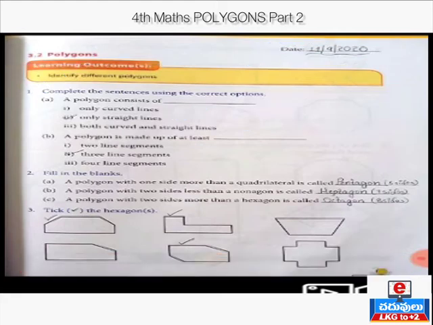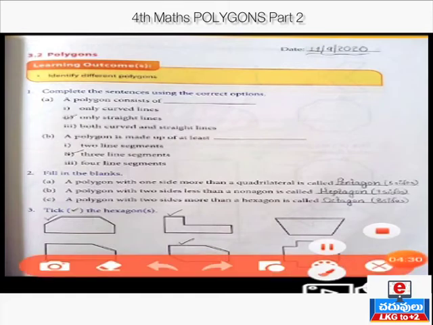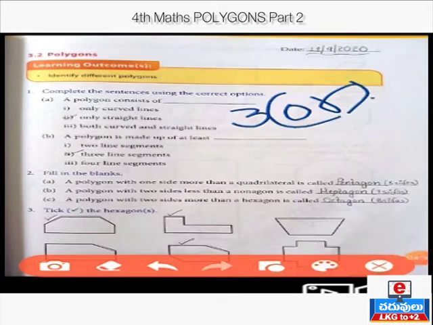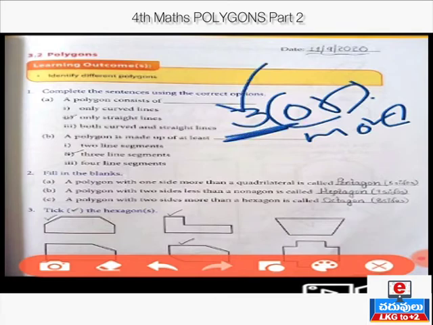Coming to B1, a polygon is made up of at least 3 line segments. Here, at least how many line segments do we require? 3. First option is 2 lines, wrong. Second is 3 lines, it is correct.